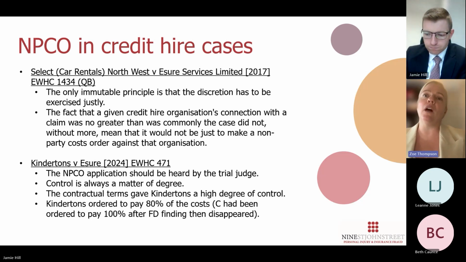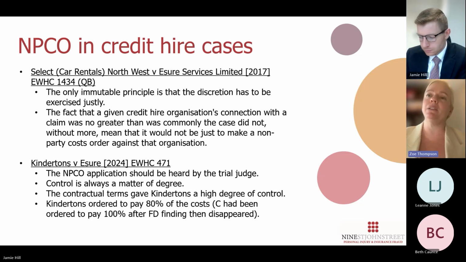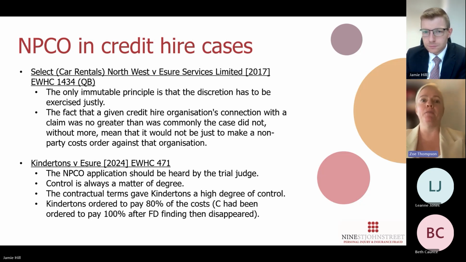But what followed after the Select case was years worth of defendants trying to follow a similar pattern with a very mixed level of success. So there were some cases where they were getting these non-party costs orders, some cases where they were warned against credit hire companies. And the two big arguments that they were facing were control and causation.